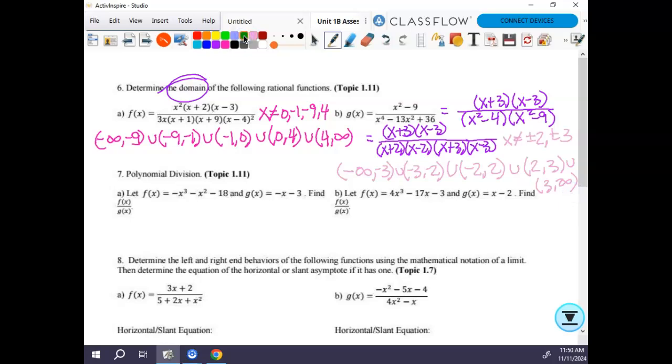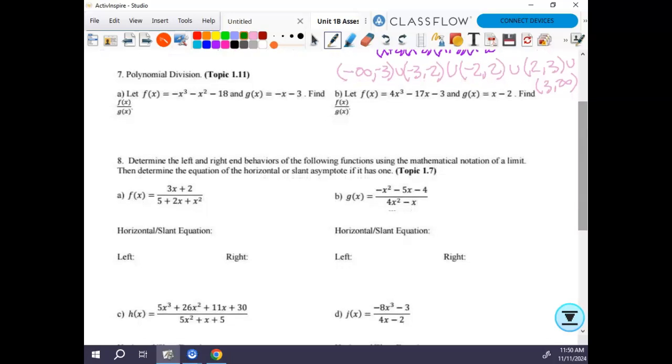Alrighty, polynomial long division. I need to find f of x over g of x, which means I'm just straight up dividing. So negative x minus 3 dividing into negative x cubed minus x squared, then I have to put in a negative 0x, then minus 18.